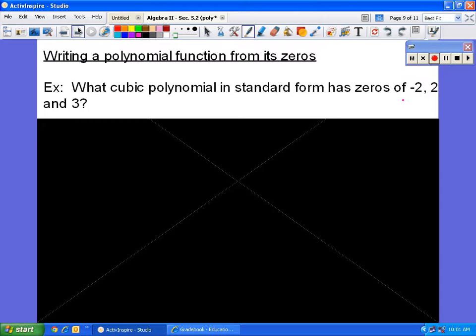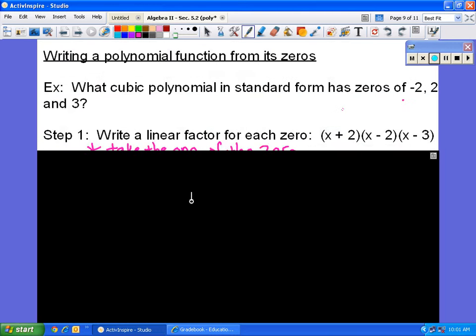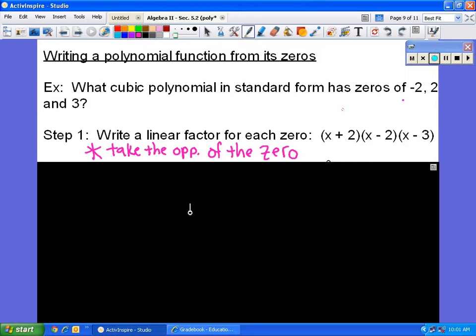X plus 2. And what's the binomial that goes with positive 2? X minus 2, and then this one is x minus 3. So that is actually step number 1. Write a linear factor for each 0. Linear factor, also a binomial. In other words, you take the opposite of the zeros. You make the 3 little binomials.